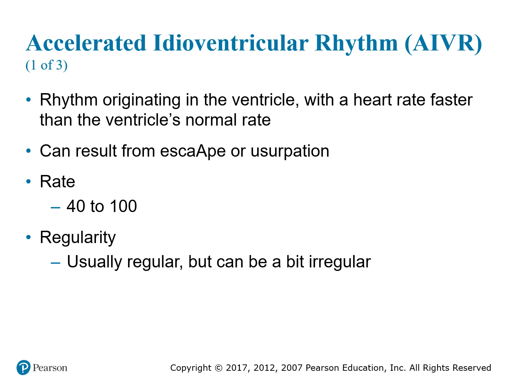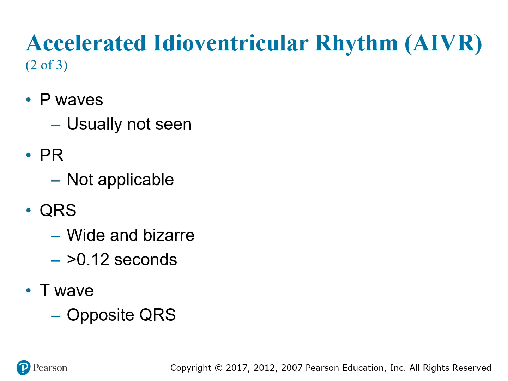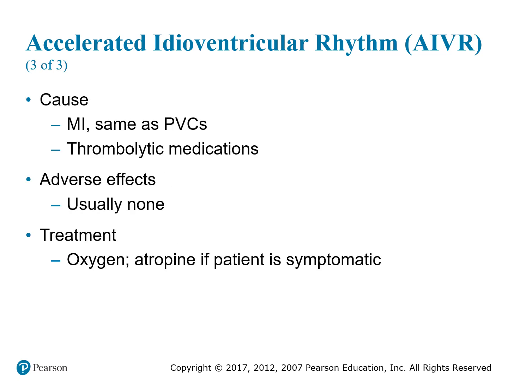AIVRs have been observed in patients with the following: acute myocarditis, cocaine toxicity, digitalis toxicity, dilated cardiomyopathy, hypertensive heart disease. Some causes of a person having an AIVR heart rhythm.